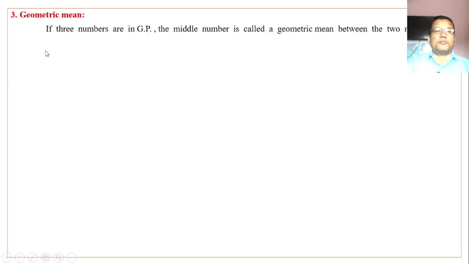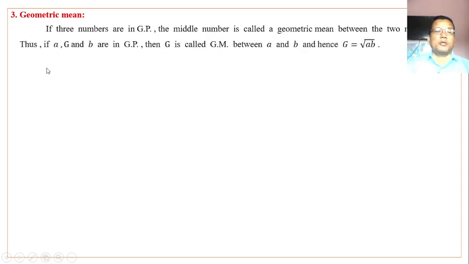Geometric mean. If three numbers are in GP, the middle number is called a geometric mean between the two numbers. Thus, if a, G and b are in GP, then G is called the geometric mean between a and b, and hence G equals the square root of ab.